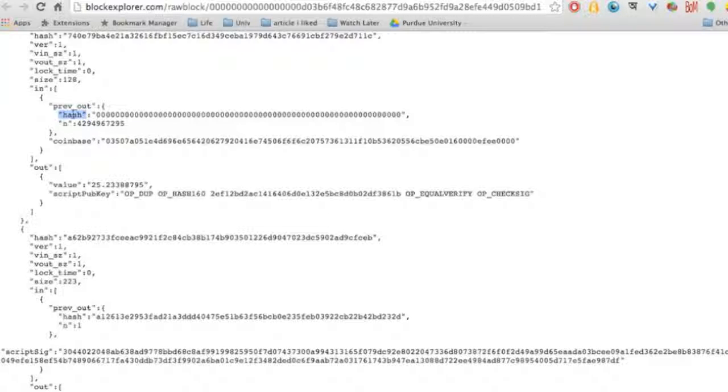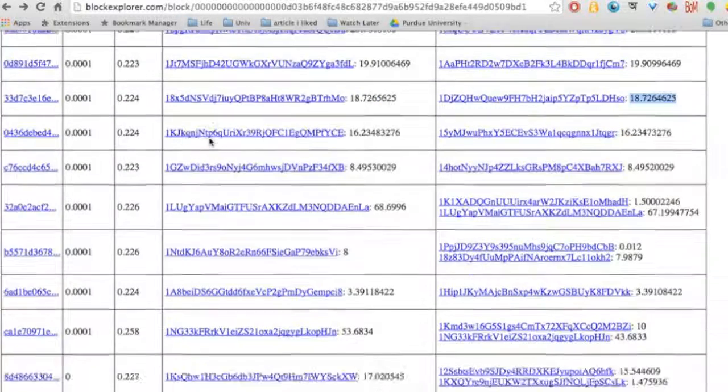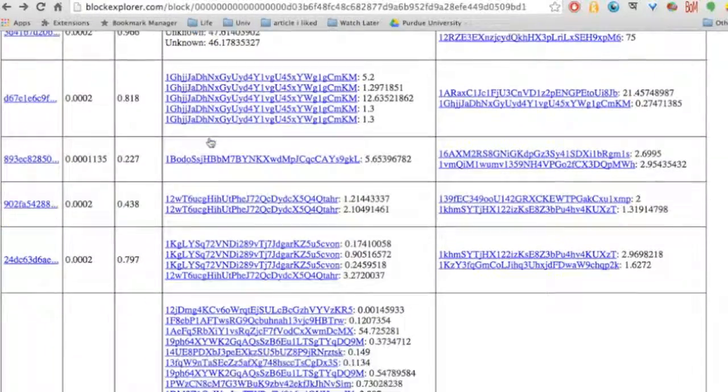So basically, you are linking your Bitcoin address to a previous output of a previous transaction. And I can give you an example.